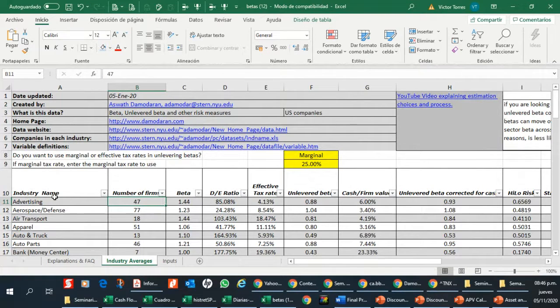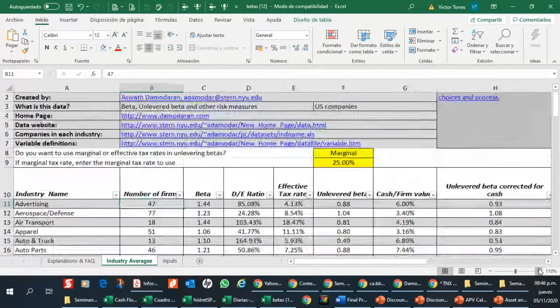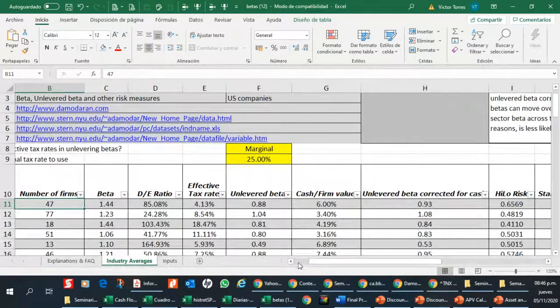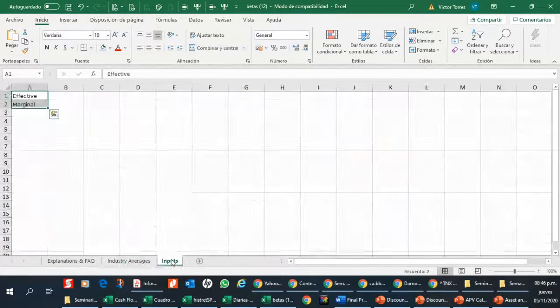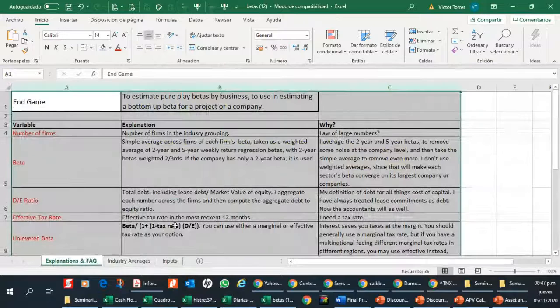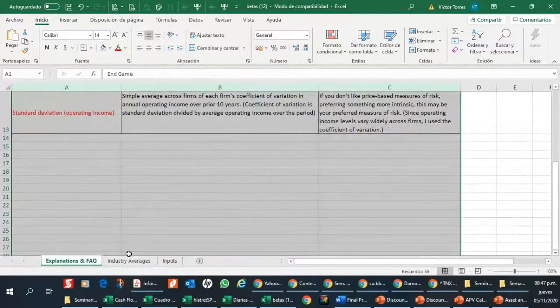A decade ago, he actually allowed you to get the micro details: which companies work in the advertising industry, which were these 47 companies, with all the betas and everything like that. He got into trouble with one supplier, and he explained that he can no longer provide those details. He can provide aggregate numbers, but he has the data for explanations of each one of the elements he is using.